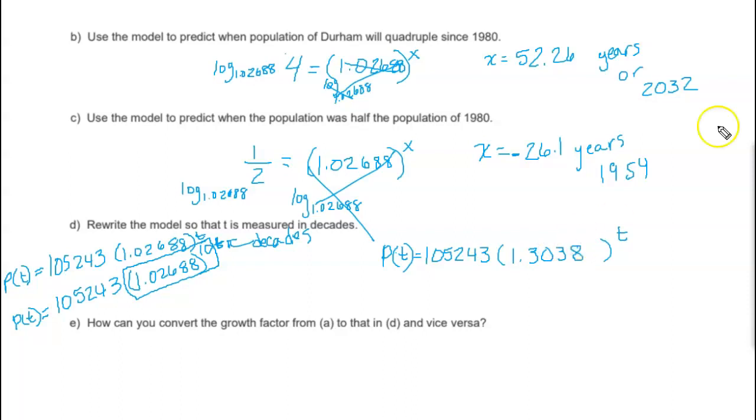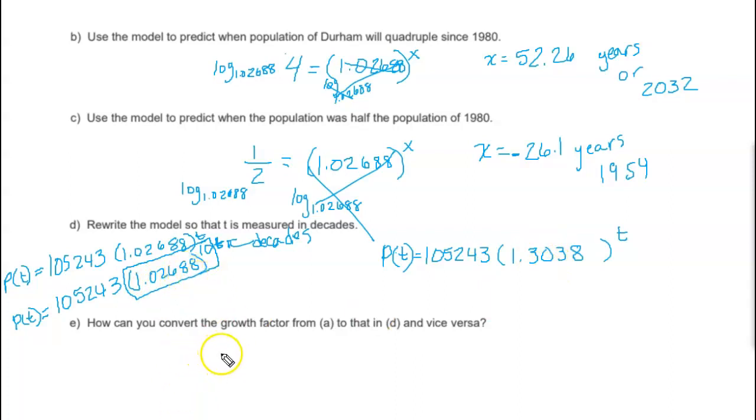That tells me that my annual percentage rate is 2.688%, but my decade percentage rate, how much it grows every 10 years, is actually 30.38%. So that makes sense, because over 30 years, I would expect it to grow more than I would over 1 year.